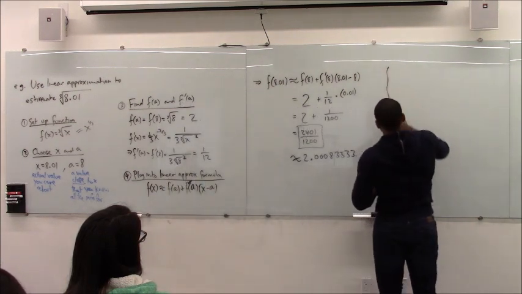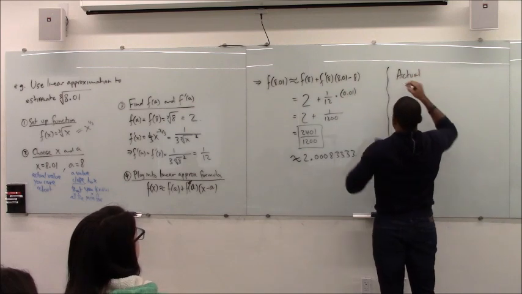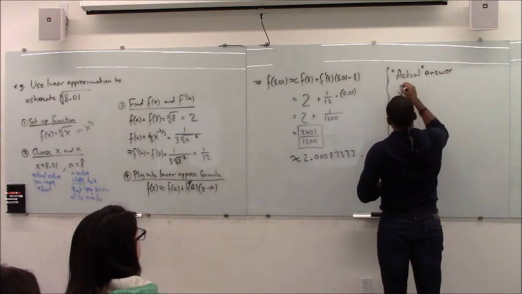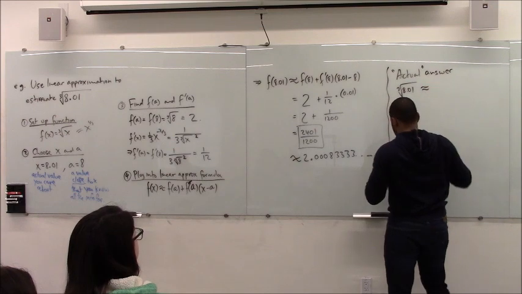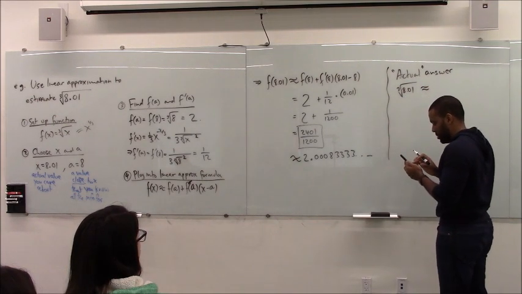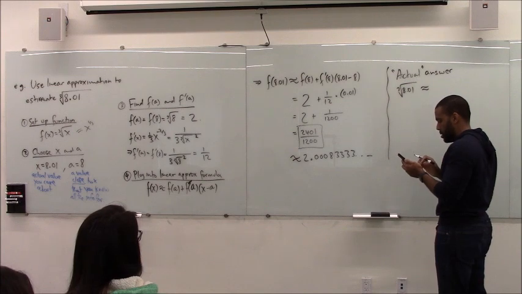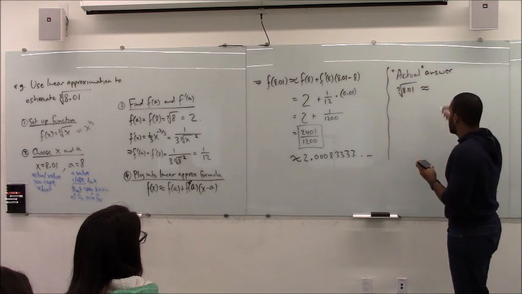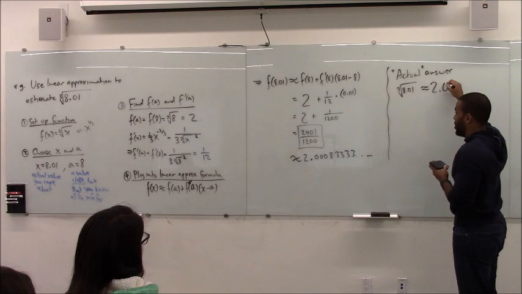Now, if you look at the actual answer, you take the cube root of 8.01, that is 8.01 raised to the 1/3. So the actual answer is 2.000.